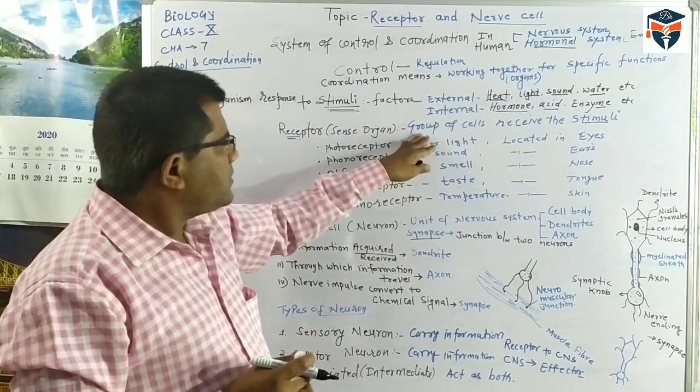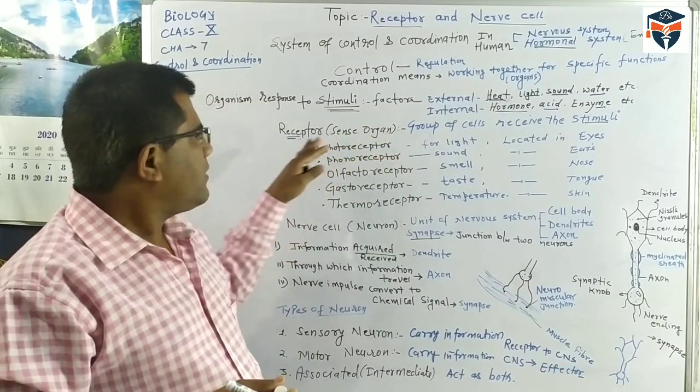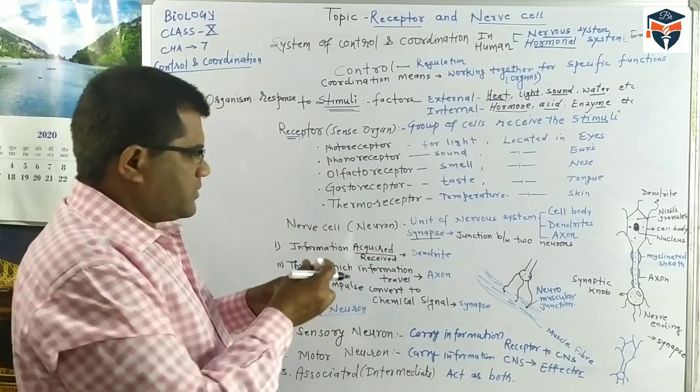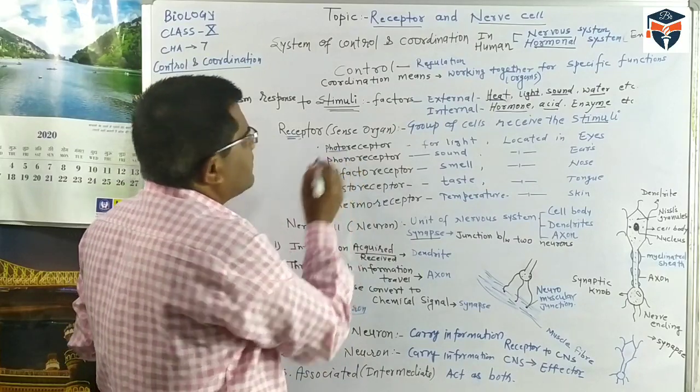Receptors are present in the sense organs, and there are different types of receptors. Suppose the photoreceptor: photo means light.